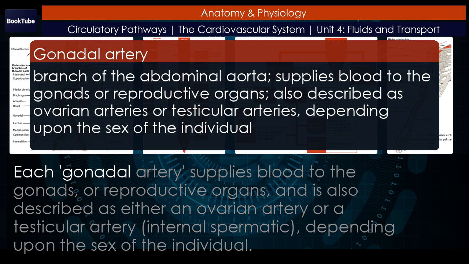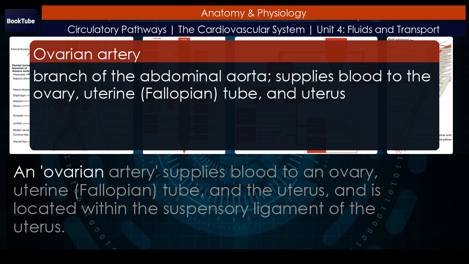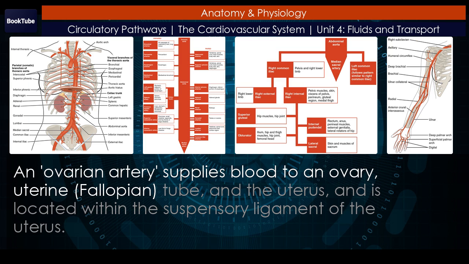Each gonadal artery supplies blood to the gonads, or reproductive organs, and is also described as either an ovarian artery or a testicular artery, internal spermatic, depending upon the sex of the individual. An ovarian artery supplies blood to an ovary, fallopian tube, and the uterus, and is located within the suspensory ligament of the uterus.